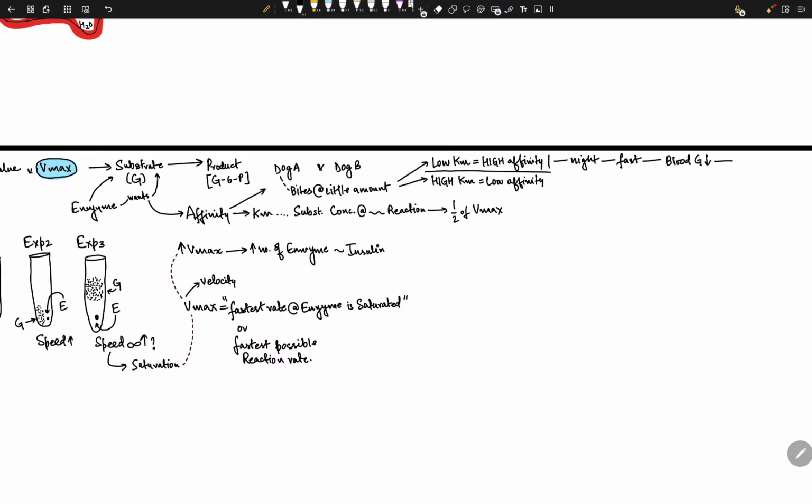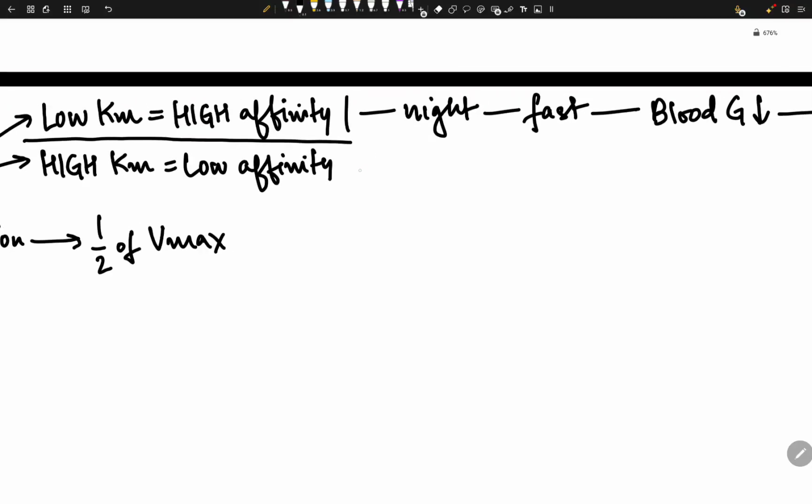What about glucokinase? Well, now the liver. Suppose your blood sugar is 70 milligram per deciliter. Should the liver aggressively remove the glucose from your blood?